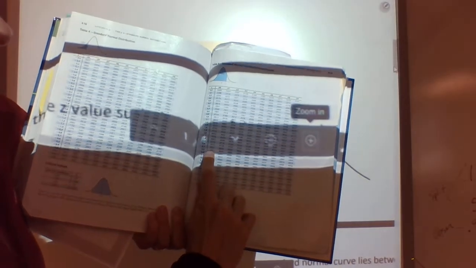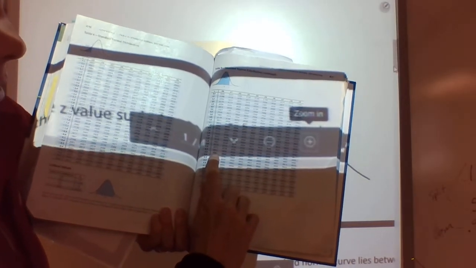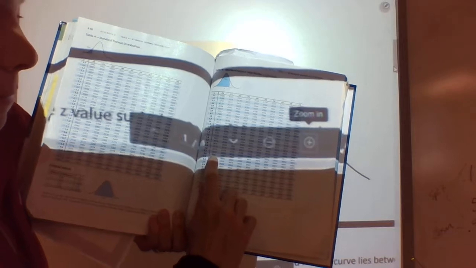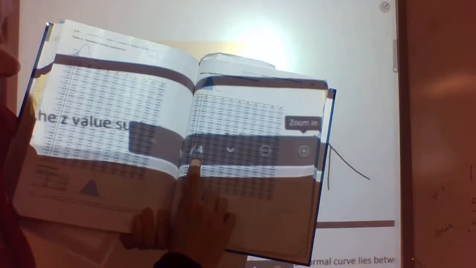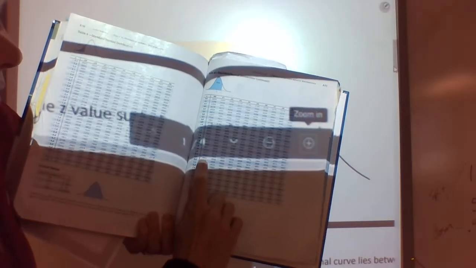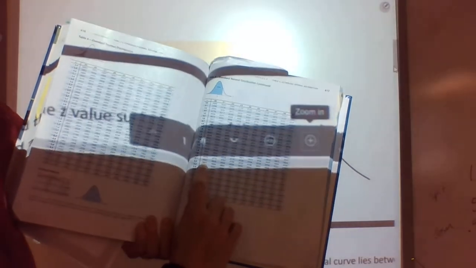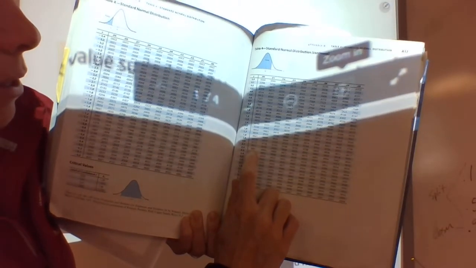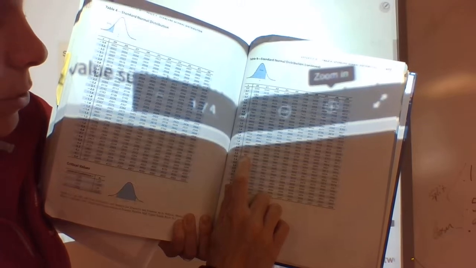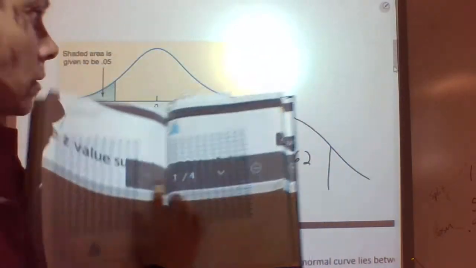Well, 0.9862 is closest to this z-score. It's not in the middle, right? That would be 0.98635. It's actually closest to this z-score. So if it's not exactly in the middle and it's closest to a z-score, you're going to use that z-score. So I would use 2.20.